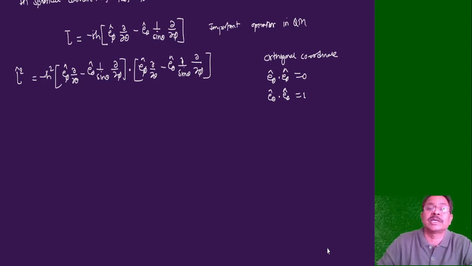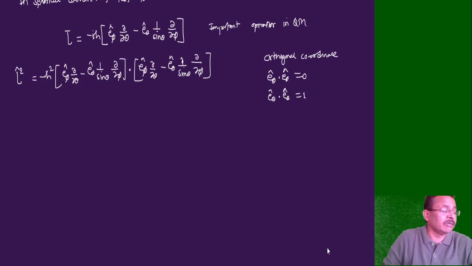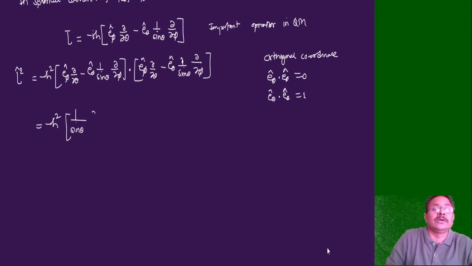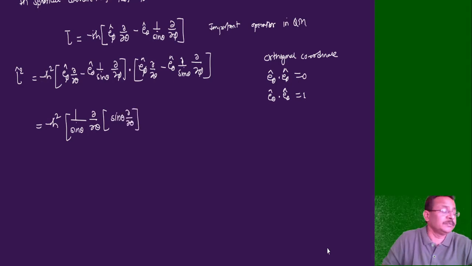So we have to use all these conditions to calculate this type of dot product, and finally we will get this equation. I am not doing the in-between steps, but you can understand. This is h cross square into the bracket 1 upon sine theta into delta upon delta theta of sine theta into delta upon delta theta, plus 1 upon sine square theta into delta square upon delta phi square.